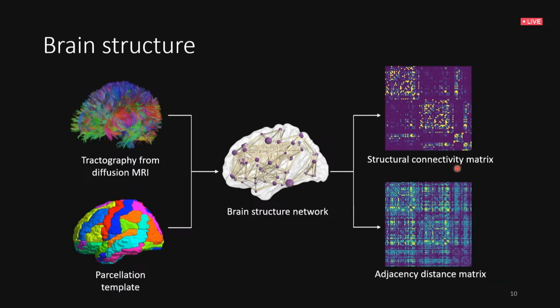One is called a structural connectivity matrix. Every entry of the matrix is the extent to which two different brain regions are connected to each other, and we get a distance matrix. Every entry of this matrix tells us the distance between two different brain regions. So these two matrices are what encompass structure for us, and in all the work that I am going to present, by structure I really mean these two things.